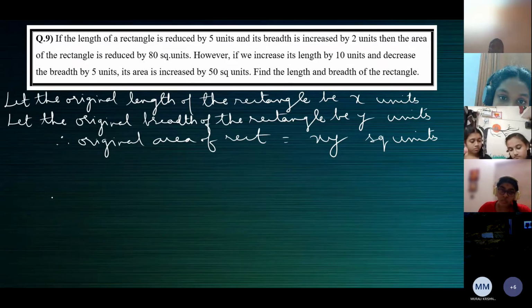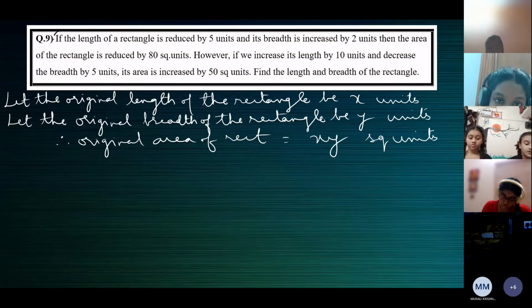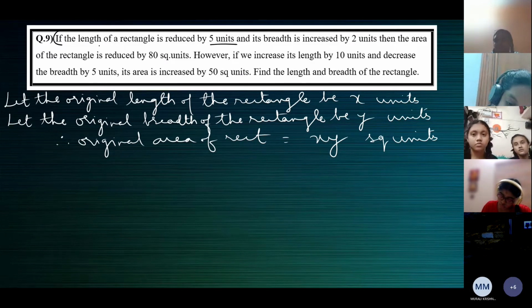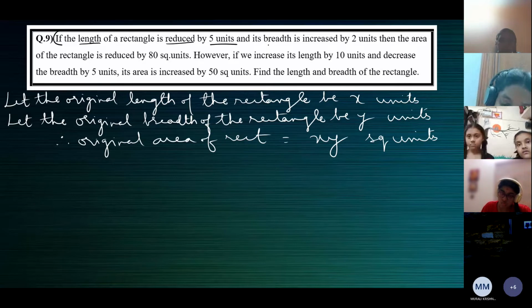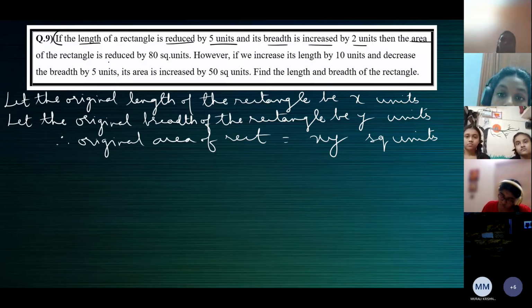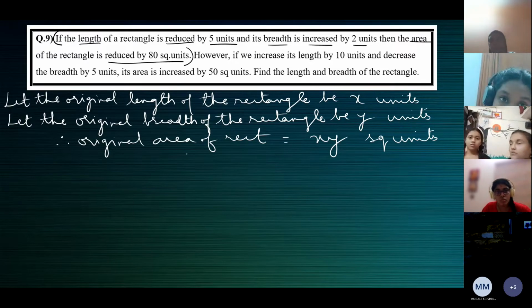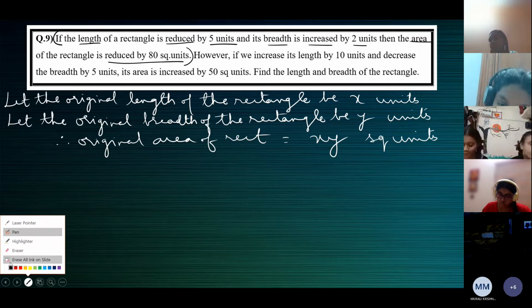Now let's read the question. If the length of the rectangle is reduced by 5 and the breadth is increased by 2, then the area is reduced by 80 square units. So how do we make the equation?